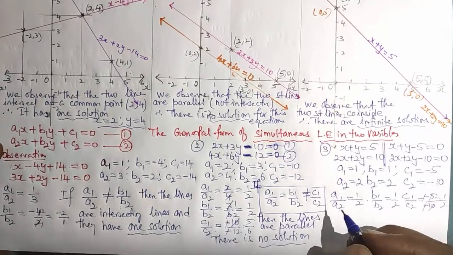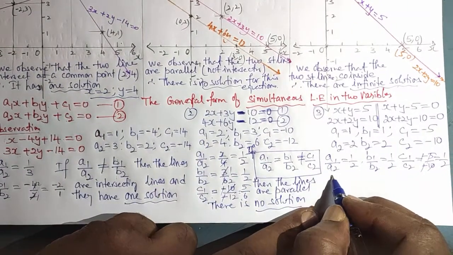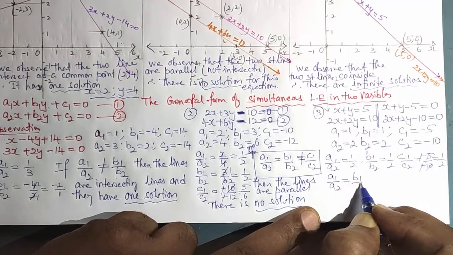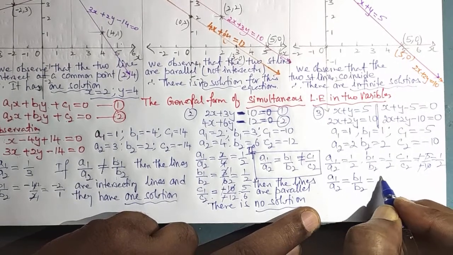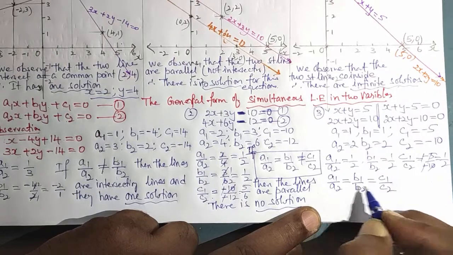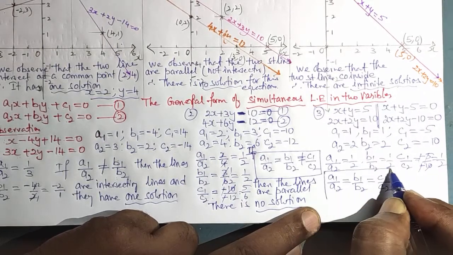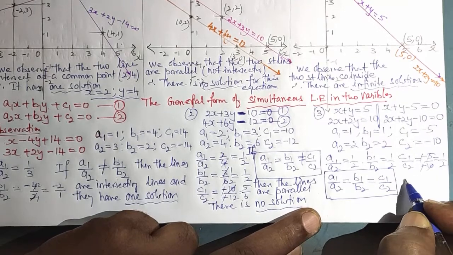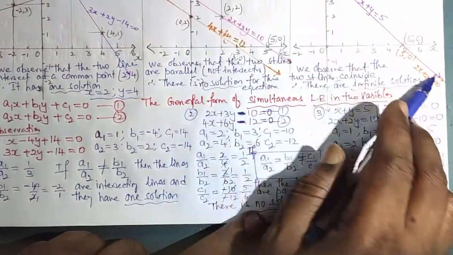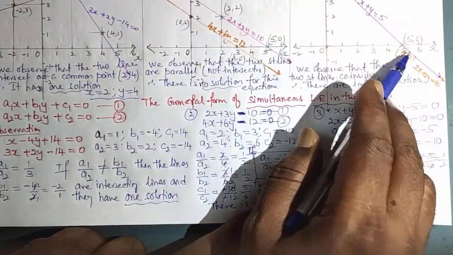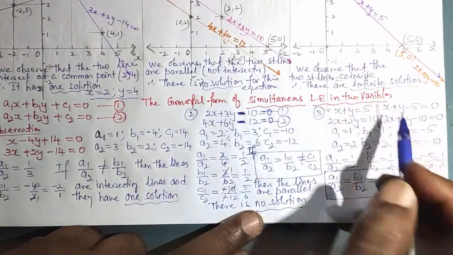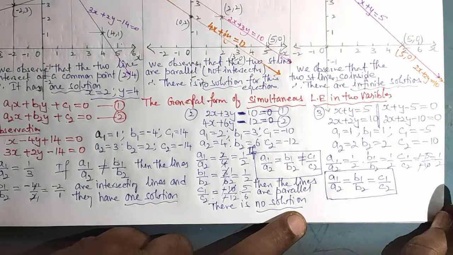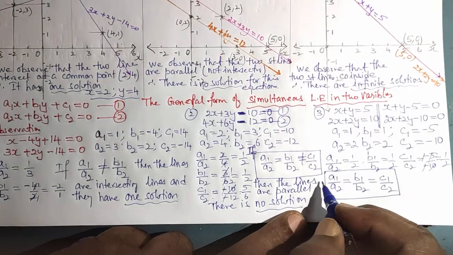So we observe that all the ratios a1 by a2, b1 by b2 and c1 by c2 are equal. If all the ratios are equal, then the lines are coincident lines. When the lines are coincident, how many solutions does it have? Infinite solutions.